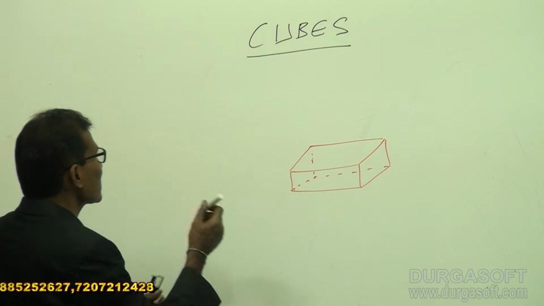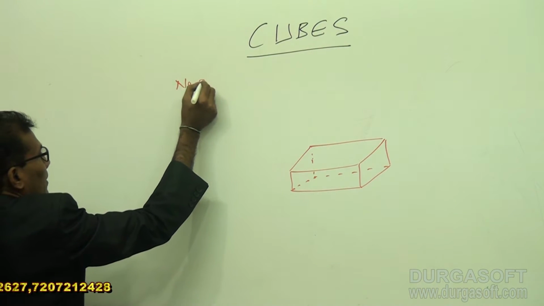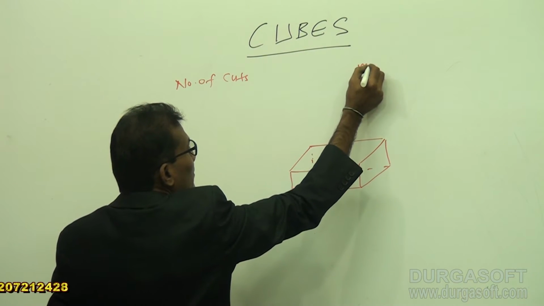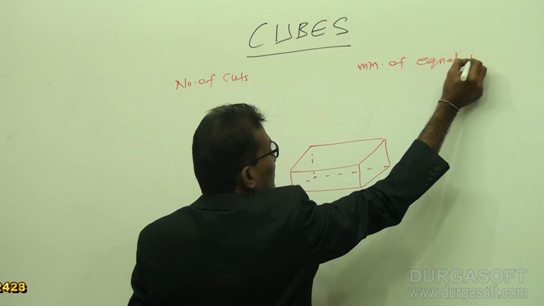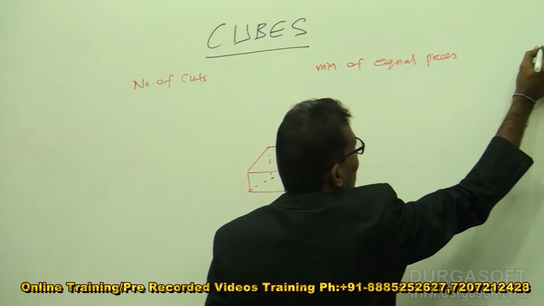So we structure it like this: number of cuts, minimum number of equal pieces and maximum number of equal pieces.